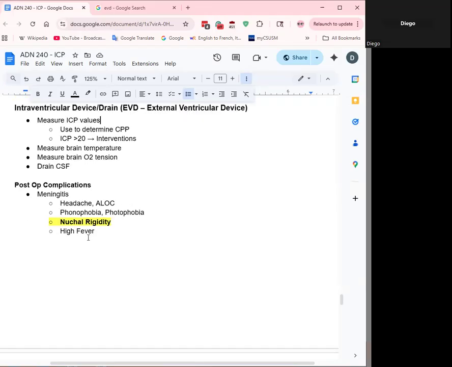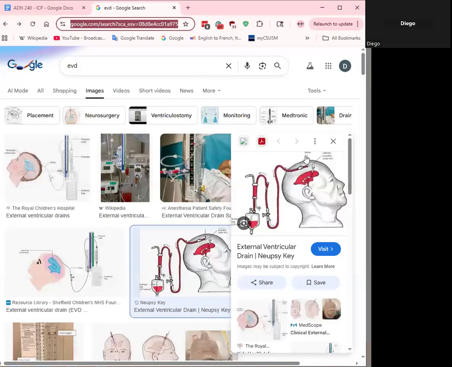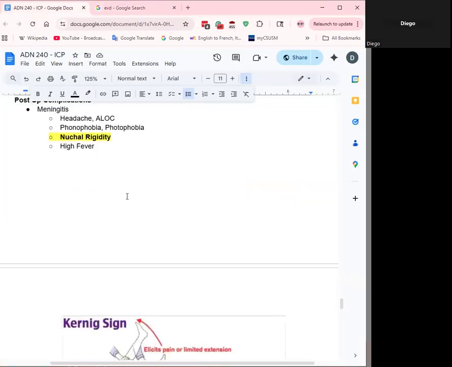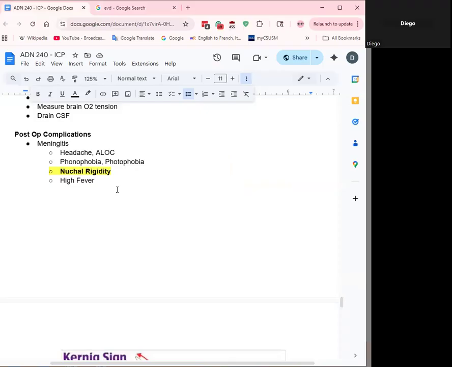I'm not sure if I remember if there was any mention of meningitis, but it is a possible post-op complication because you're being invasive, right? It's very invasive into the brain, so the possibility of meningitis is there. I do have listed some of the things indicative of meningitis: headache and altered level of consciousness, which are very generic, but they're part of the bigger picture.